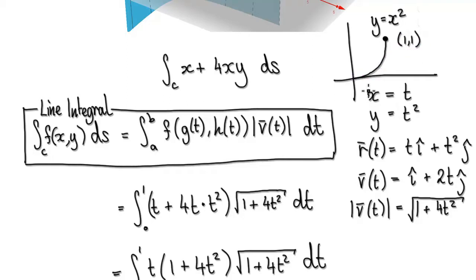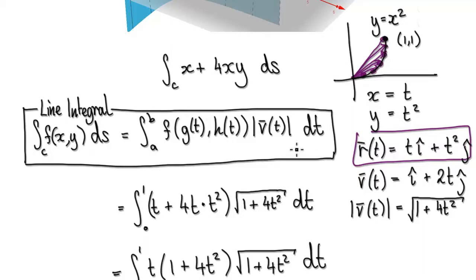To do that, set up your parametric equations: x equals t, y equals t squared, and then from here obtain your position vector. As the particle is moving like this, you always know the position vector from the origin.